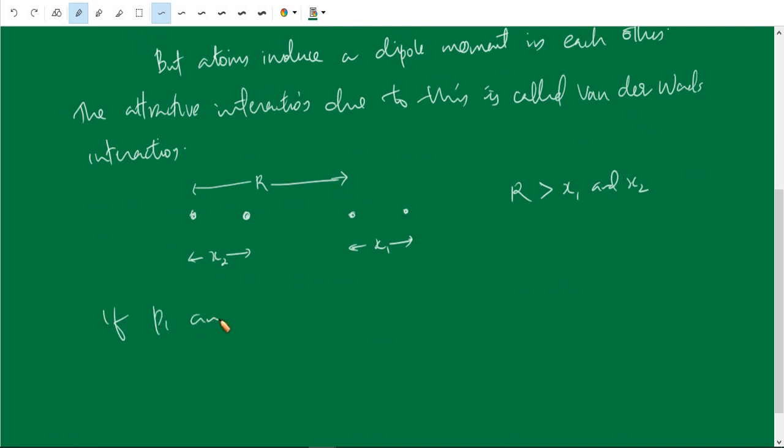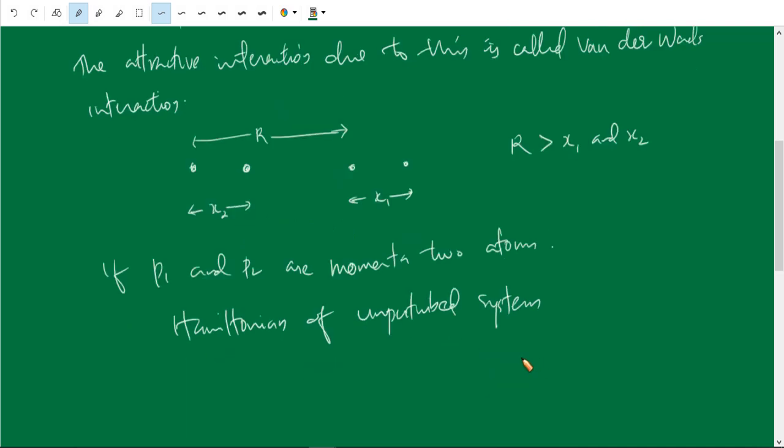If p1 and p2 are the linear momenta of the two atoms, then we can write the Hamiltonian of the unperturbed system. So we can consider these two as independent. They are not interacting at first. So the Hamiltonian of the unperturbed system, that means uncoupled system, is H0 equal to p1 square by 2m plus p2 square by 2m plus half C x1 square plus half C x2 square.